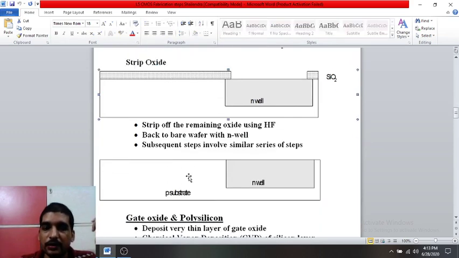We can strip the oxide from the whole surface if we want, or it is better to keep the oxide at some places, just in between and at the corners, to isolate it from the other nearby CMOS inverters. I have just removed it all over the surface in this diagram, but actually we will keep it in the center and in the corners. That will be shown in the next figure also.